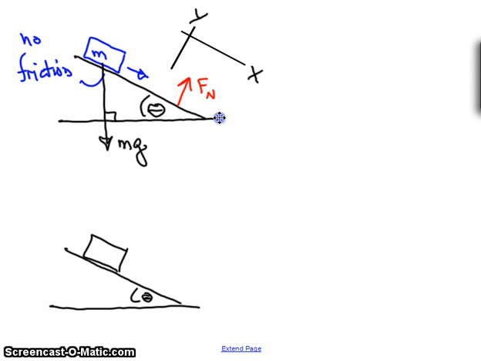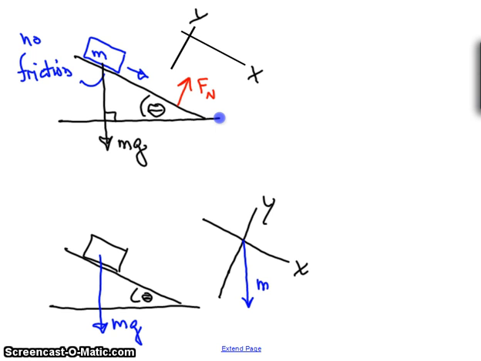It has a weight headed down this way given by mass times gravity. We have our coordinate system that's tilted. So I've got my y and x direction here. There's y, there's x. And in fact, the mg points straight down like this.